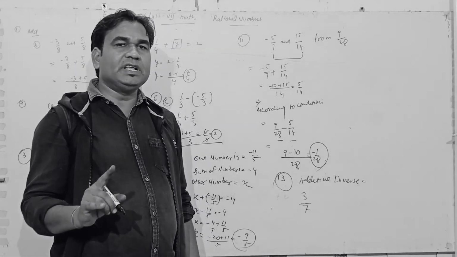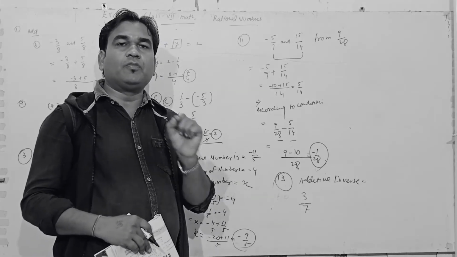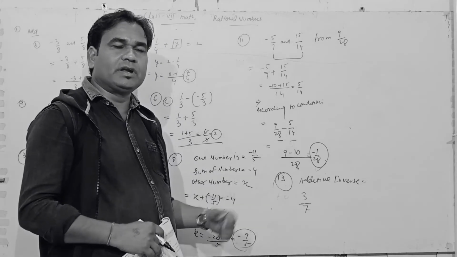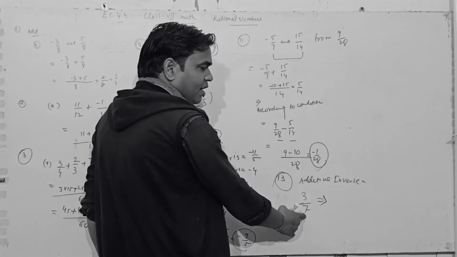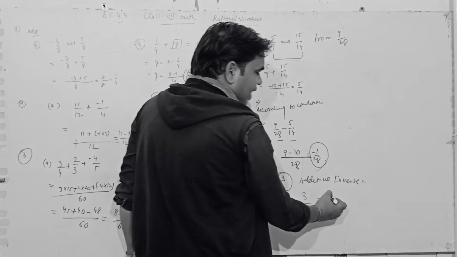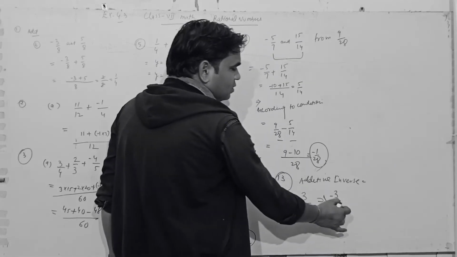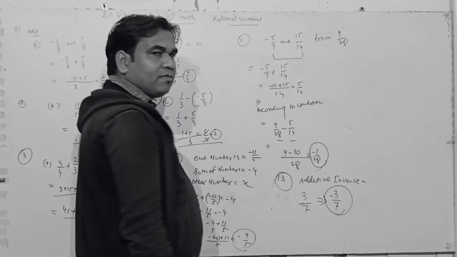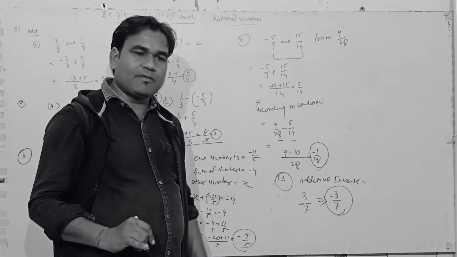Additive inverse means the number which is given, we take the opposite sign of the given number. So here you see 3 over 7, so we take a negative sign here. So the additive inverse should be minus 3 over 7.